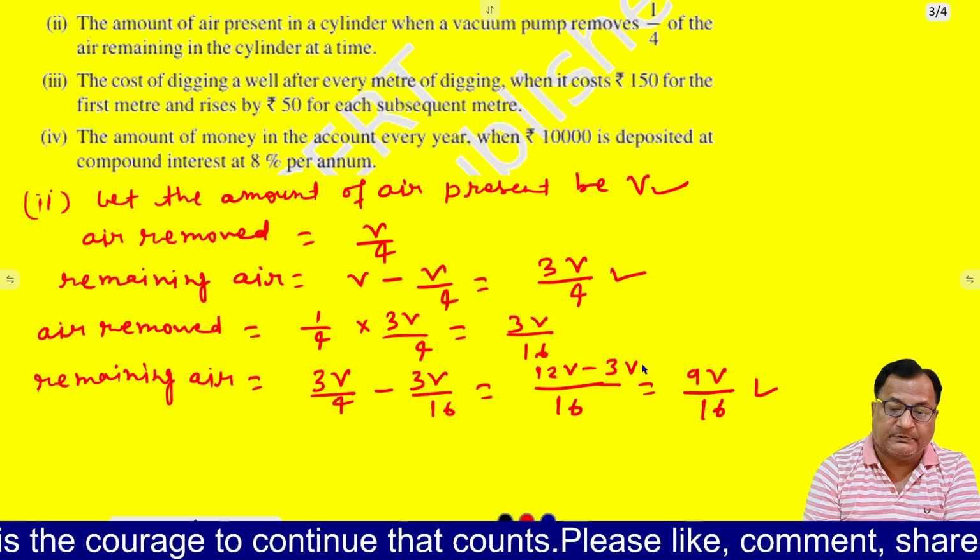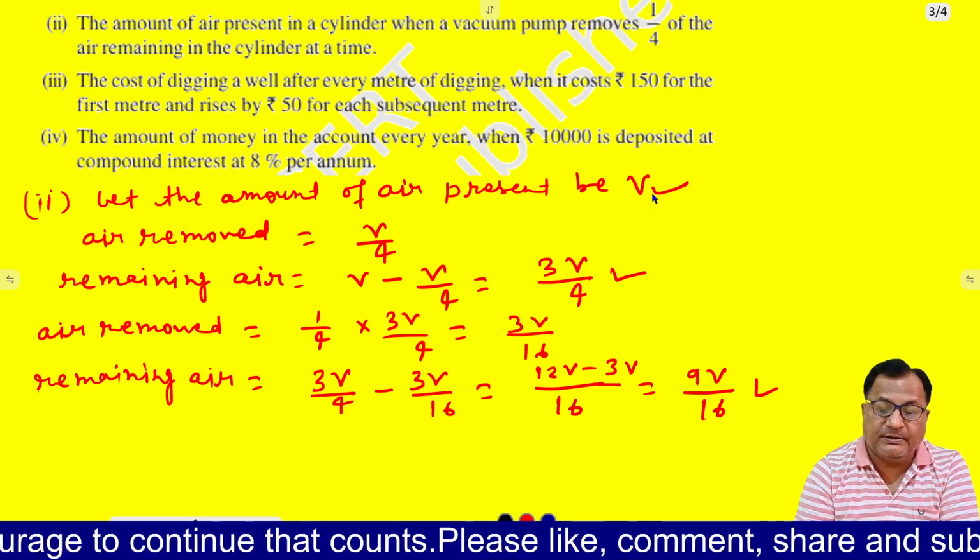This is the remaining air that we are getting.